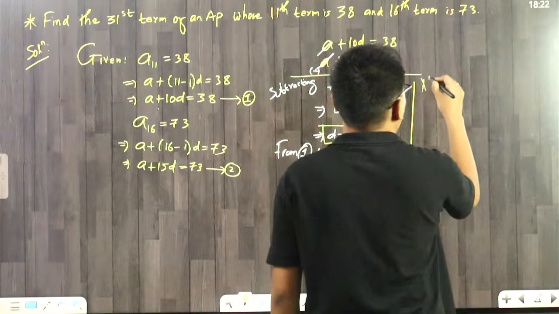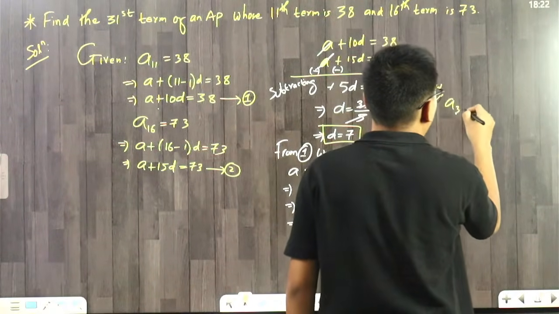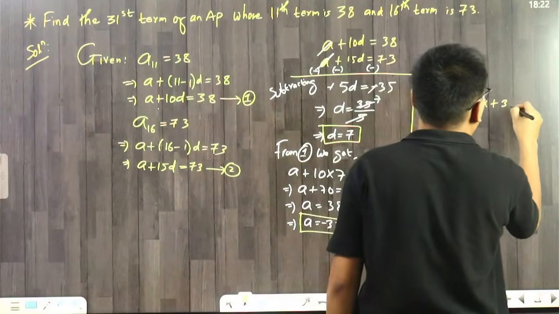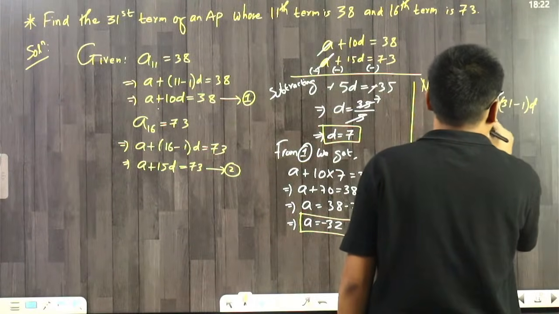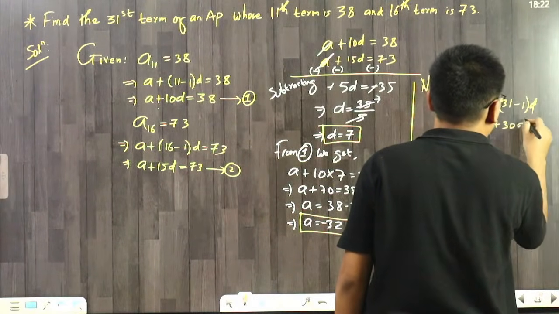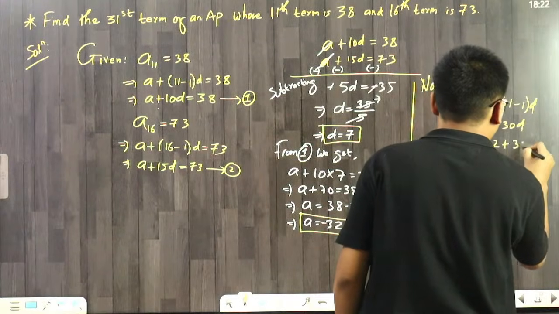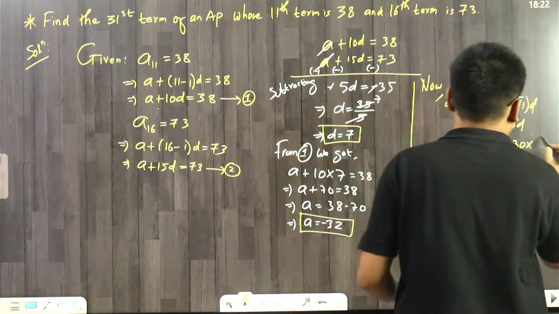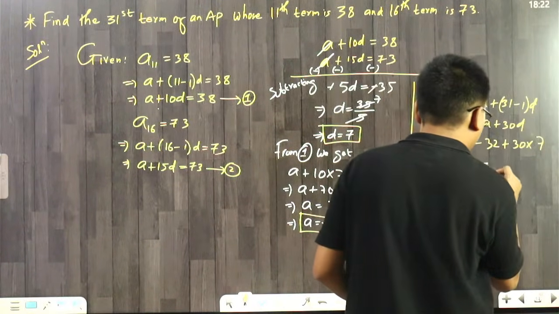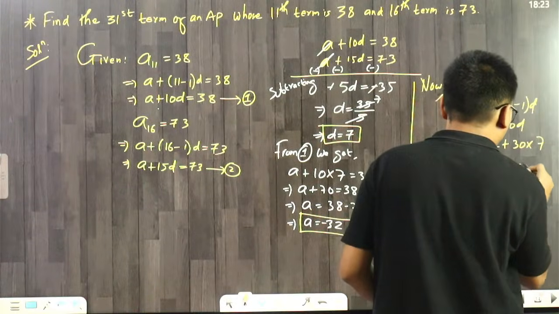31st term is a31. So a31 is a plus 31 minus 1 d. So a plus 30d. How much is a? Minus 32 plus 30 into d. How much is d? 7. So we'll get minus 32 plus 210.